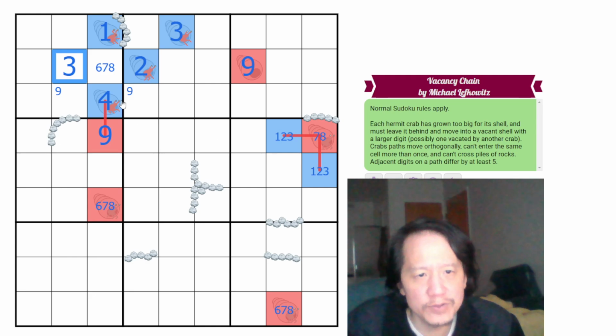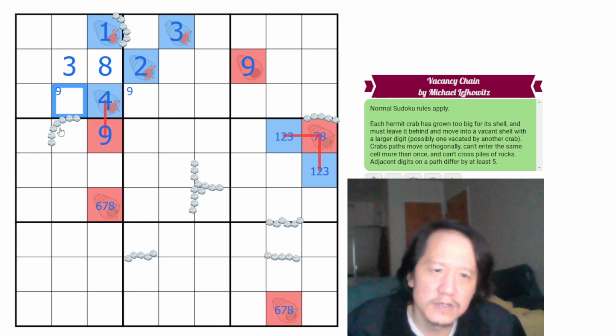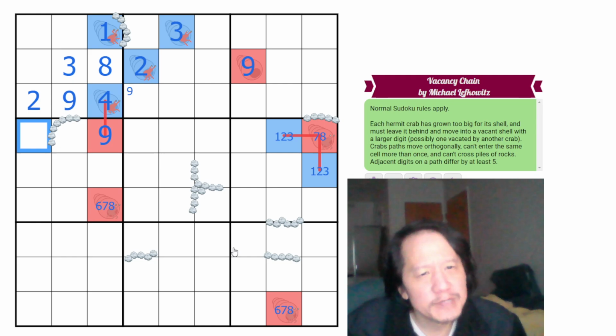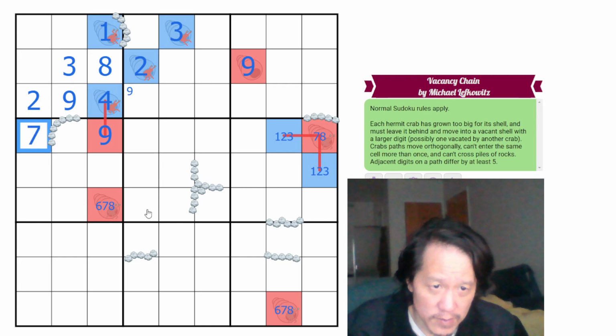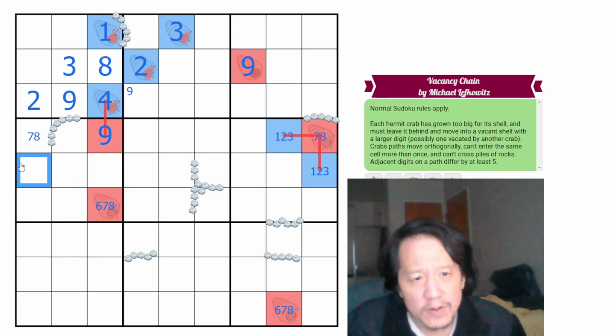So this would be 3, this would be 8. This would be 9. This could be 2. Then it could be 7 or 8. This could be 1, 2, or 3.